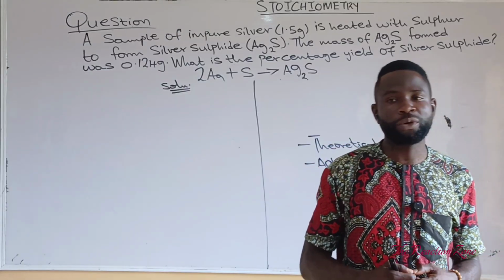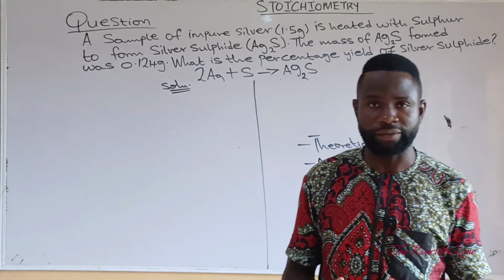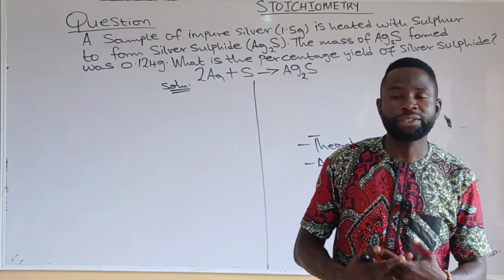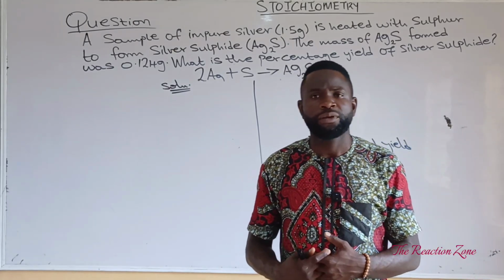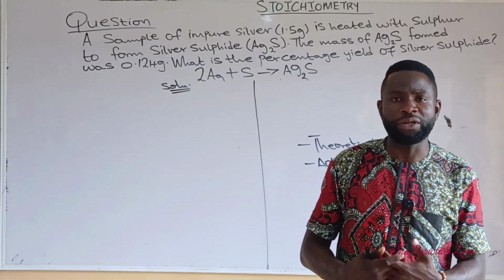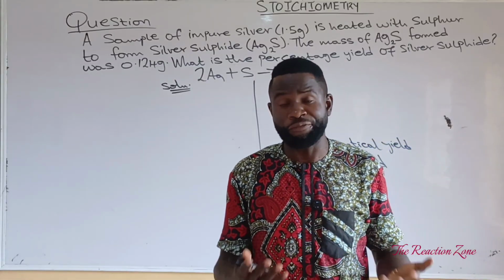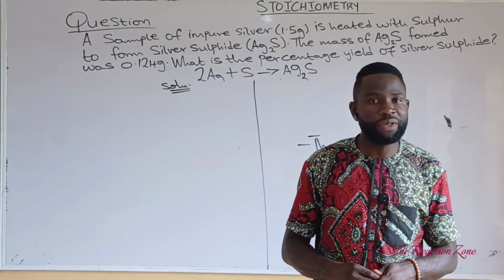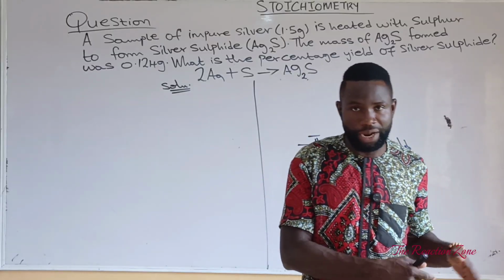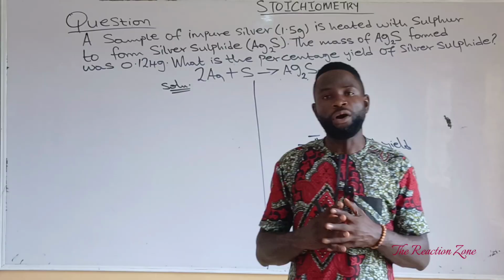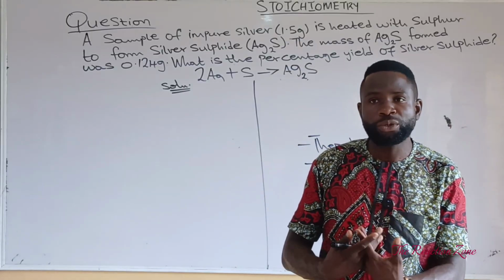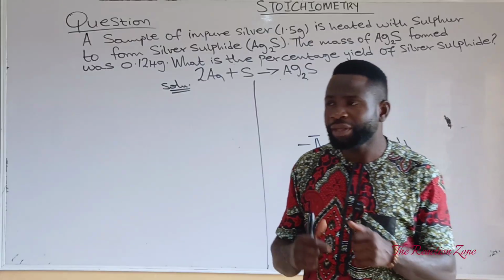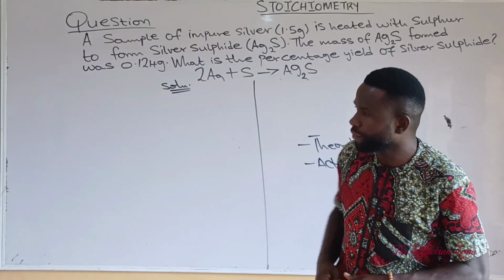The value of the actual yield is usually lower than the value of the theoretical yield, and this is because some amount of the product might be lost during purification, or it may also be as a result of side reactions. Also, the value of the actual yield is usually given in the question.